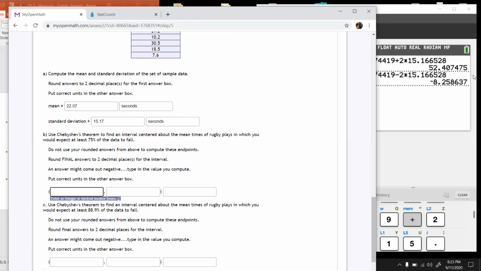Lower limit is this one, negative 8 point, and they say round the final answer to 2 decimals, so it will be 8.26. It's a negative, right? And the upper limit will be 52.41. And the unit of measure will be seconds.